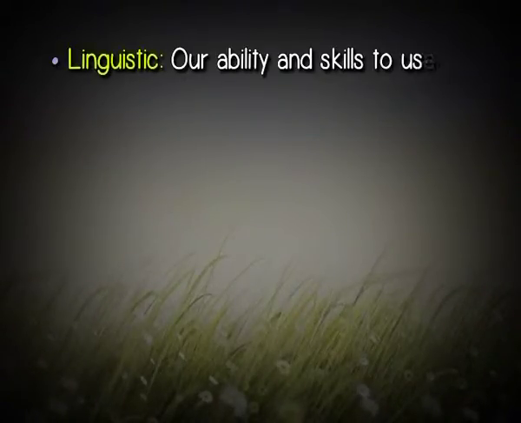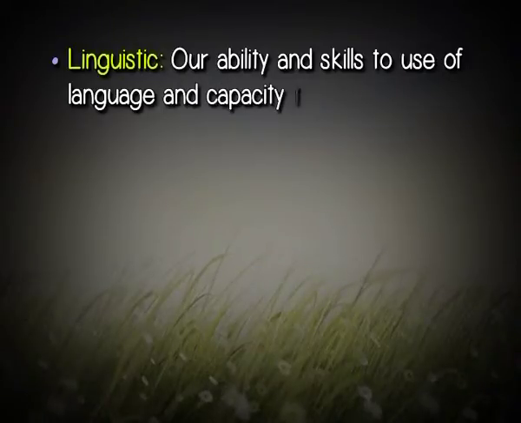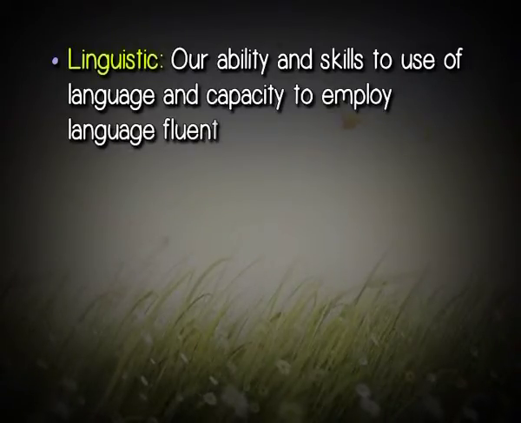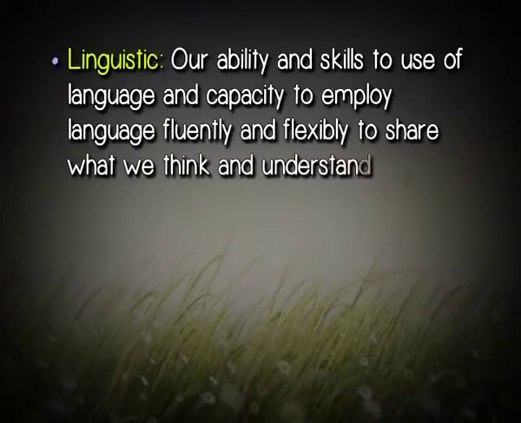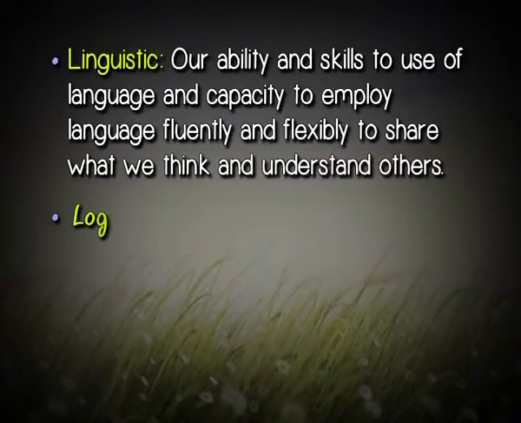To talk about types of intelligence, according to Gardner, there are 8 main types of intelligence, some of which include the following. Linguistic. Our ability and skills to use language and capacity to employ language fluently and flexibly to share what we think and understand others. Logical.